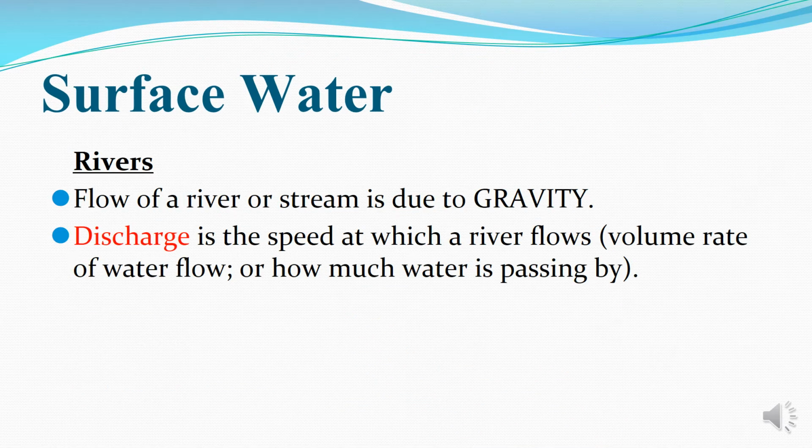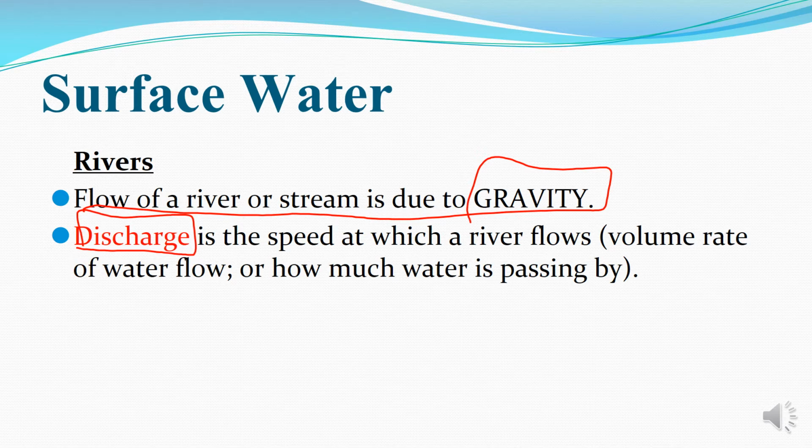So, rivers. Rivers flow because of gravity. Discharge, you have to know these key terms, is the speed at which rivers flow. So if I say this is the discharge of the river, that's the speed that it's going.